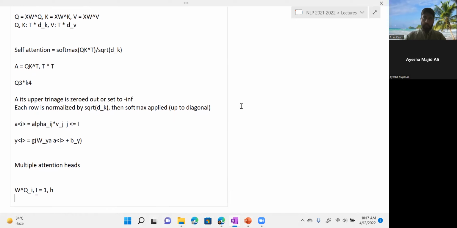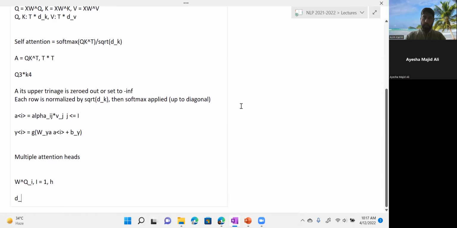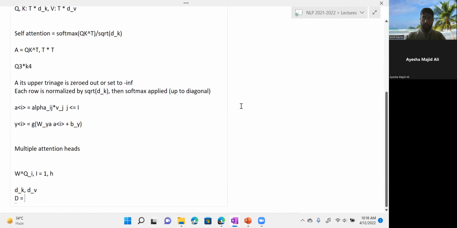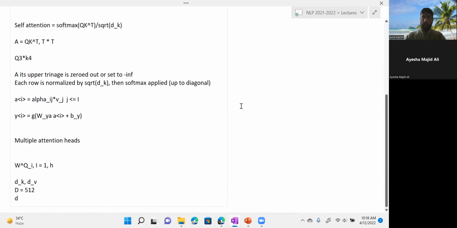So now also, as I mentioned, जो DK जो था वो different रखा हुआ था हमने, और DV भी different रखा हुआ था. Usually these are, as I said, D, let's say example लेते हैं 512 है. So DK is equal to DV, let's say ये हम 64 रख देते हैं. ठीक है?